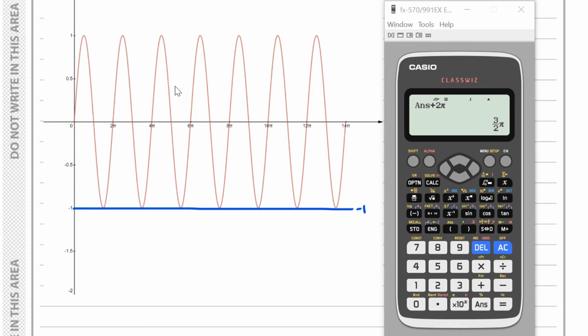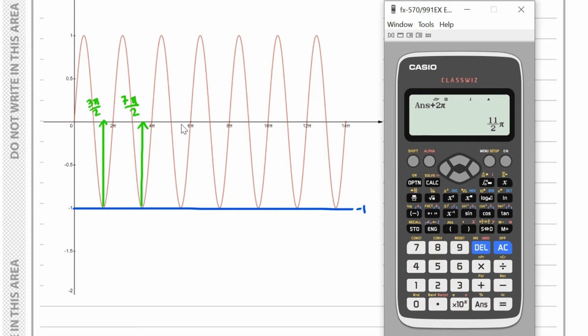To find out the next value, we add on 2 pi, so we get 7 pi over 2. That's from here. Next one, we add on 2 pi, and we get 11 pi over 2.